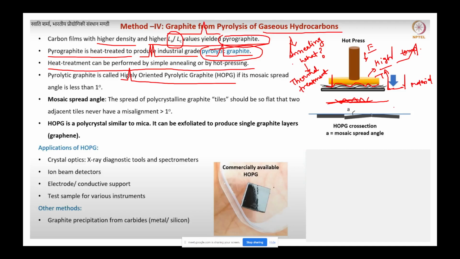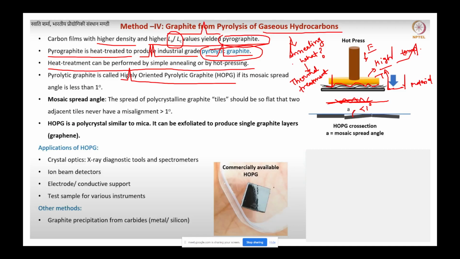The alignment should be very good, such that the angle between these two should be less than 1. So here you can see this is alignment, and this angle should be less than 1 degree. That's why it is called highly oriented, meaning there is no misorientation in the pyrolytic graphite.